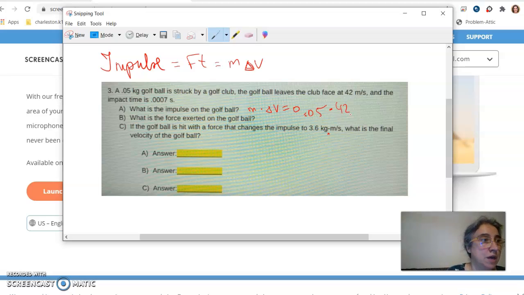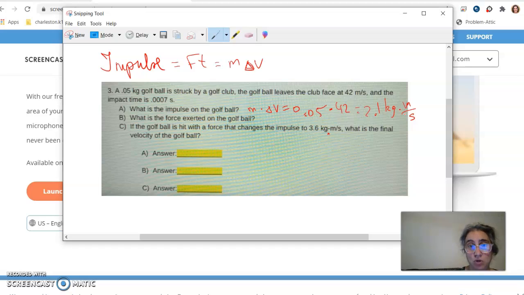Using the calculator, the answer is 2.1. And 2.1 what? Kilograms times meters per second. So that was the impulse for A.